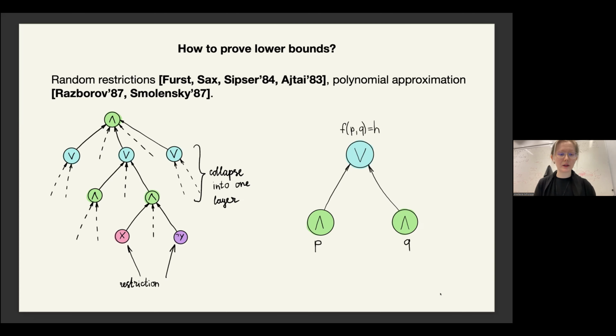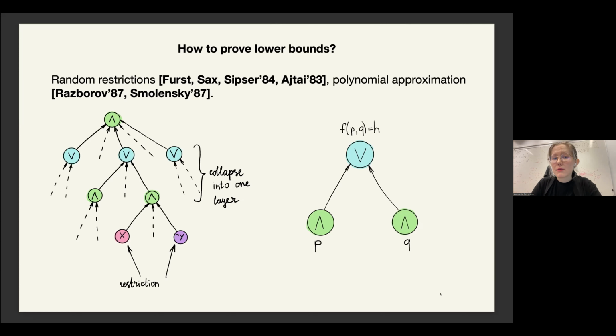You're looking at your tree, and if for all of the children nodes in the tree you have the approximating polynomials, you can somehow construct the approximating polynomial for the parent. So these methods analyze the circuit tree starting from the bottom and going up. At least for random restrictions, it is so. For polynomial approximation, it is a debatable question, but you can certainly view this as a bottom-up technique.